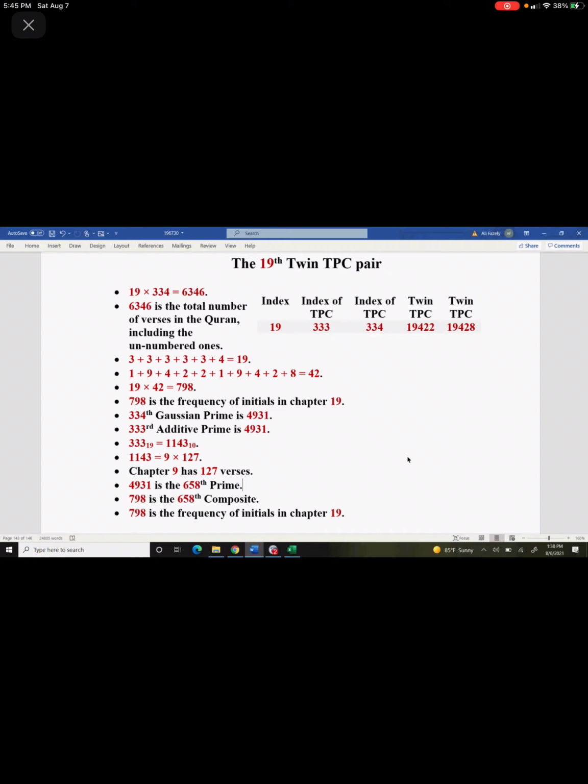So 1143 is equal to 9 times 127, and chapter 9 has 127 verses.